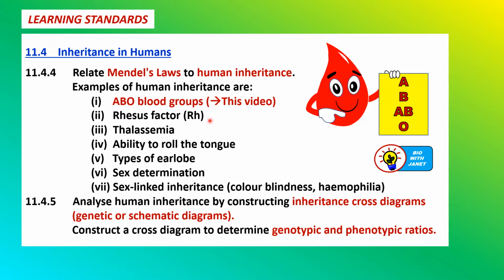Now, for the rest of the characteristics like rhesus factor, thalassemia, ability to roll the tongue, types of earlobe, sex determination, and sex-linked inheritance, like color blindness and hemophilia, all these will be discussed later on in other videos.